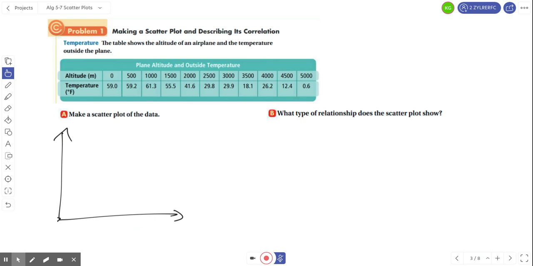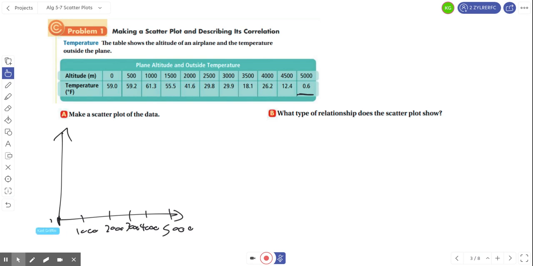So I've got altitude and temperature. I think altitude would be the independent variable. So this scale is going to go from 0 up to 5,000. I'll just go up by thousands: 1,000, 2,000, 3,000. I probably should have just written K instead of trying to squeeze all these zeros in here. And then my temperature, it gets almost all the way down to 0 at 5,000 feet.